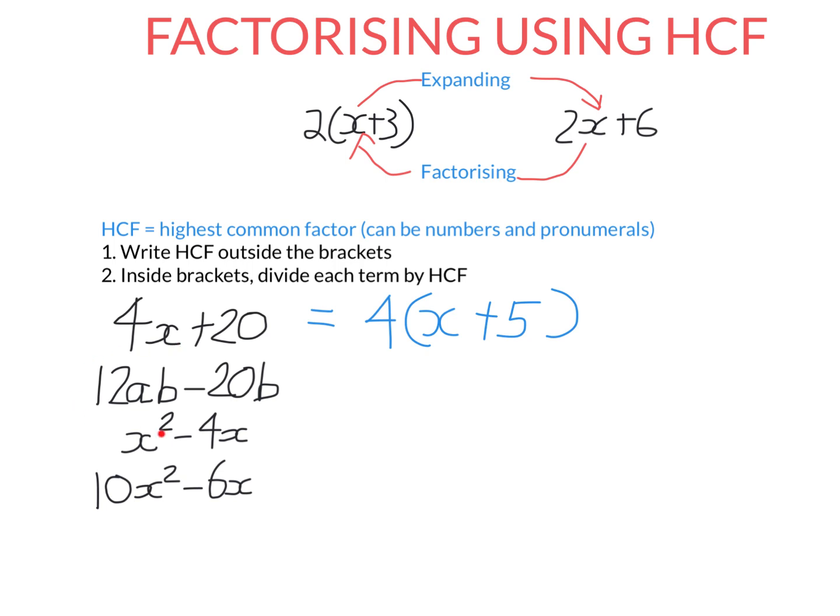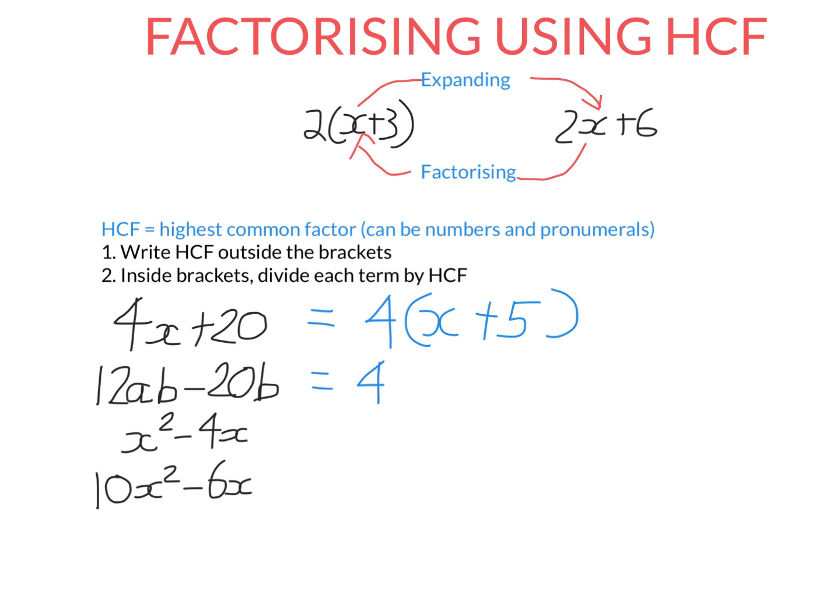Now let's look at this second question. So 12ab is one term, second term is negative 20b. We need to find their highest common factor. So the highest number that goes into 12 and 20 is once again 4, but they also have a pronumeral in common this time.